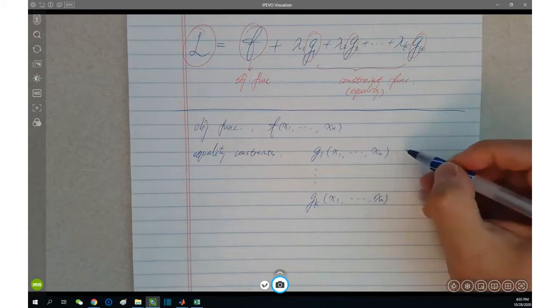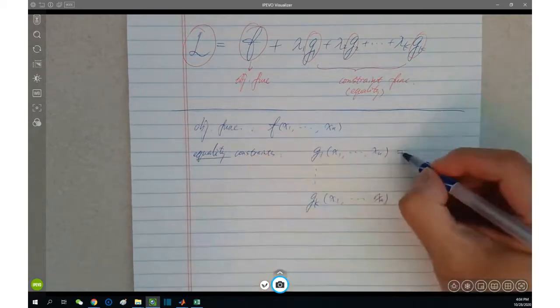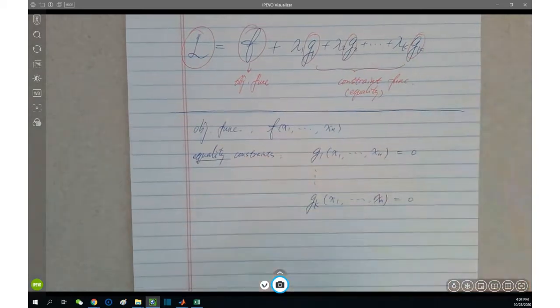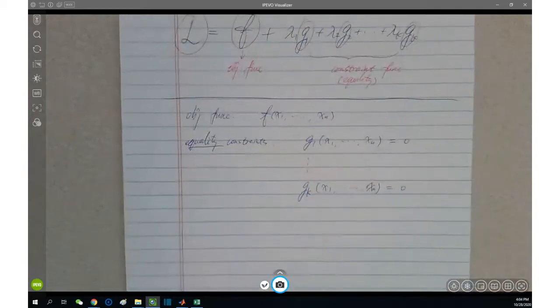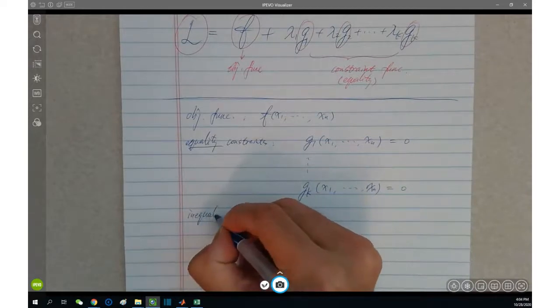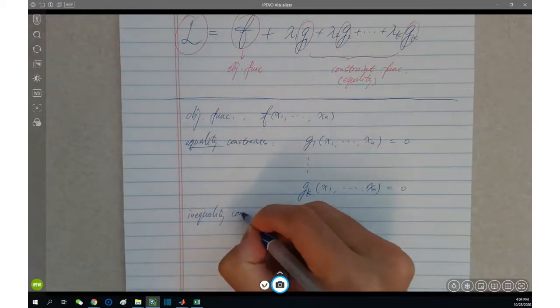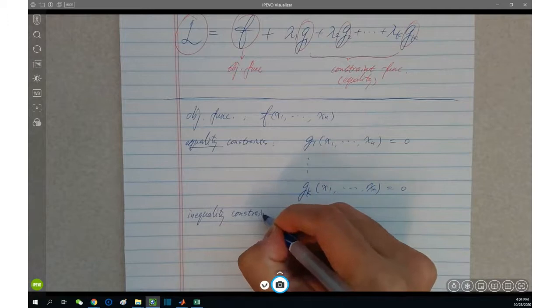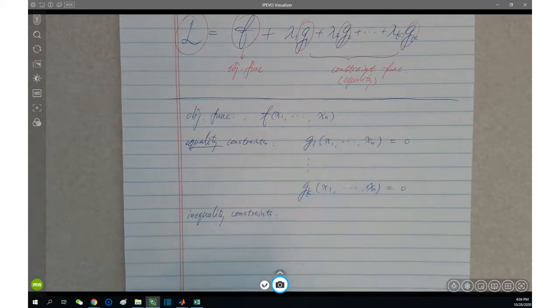By equality, it means what? There are equations, equal to 0 eventually. But inequality constraints are also possible, obviously. We can differentiate them from the equality constraints by using a different letter.